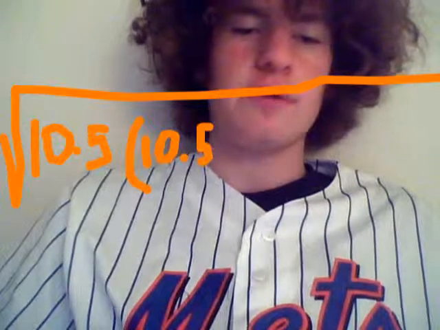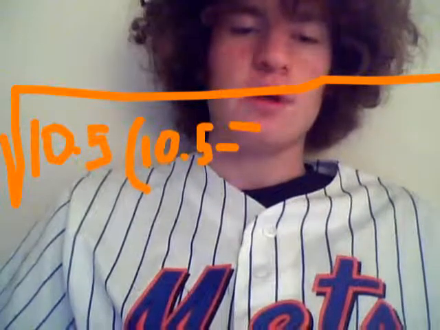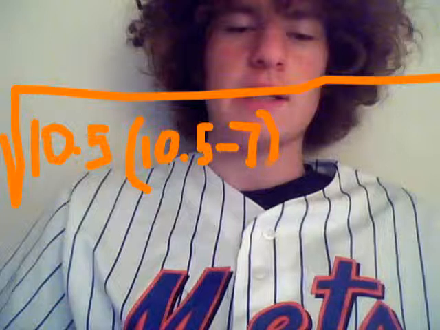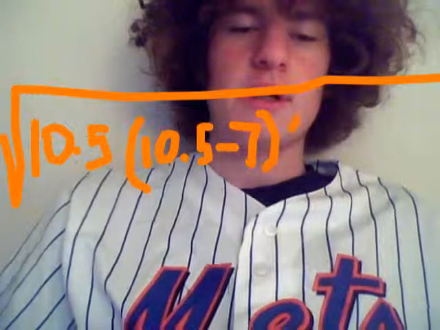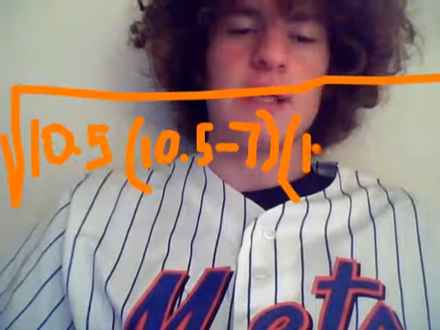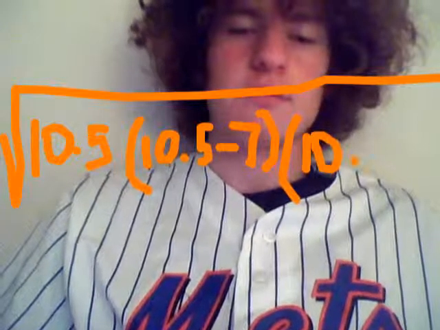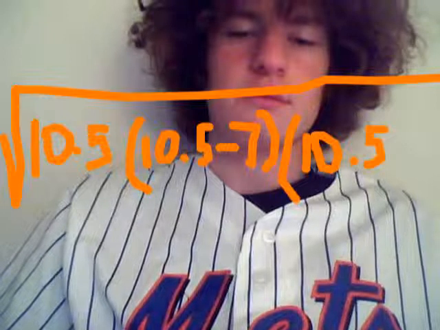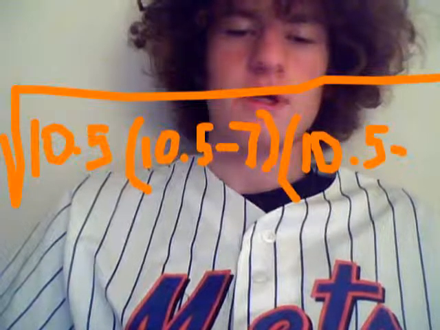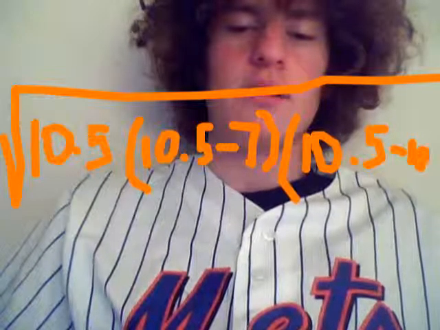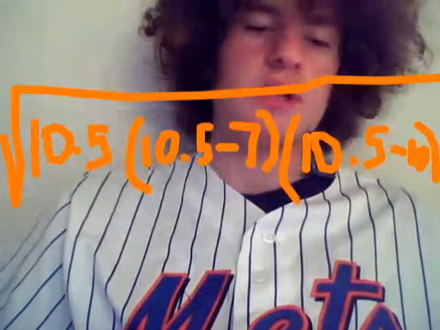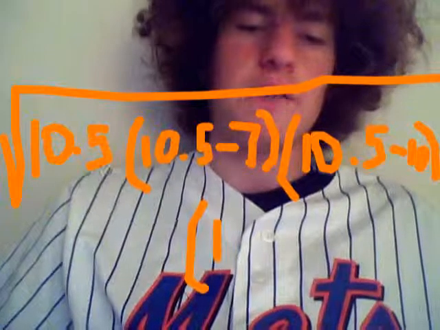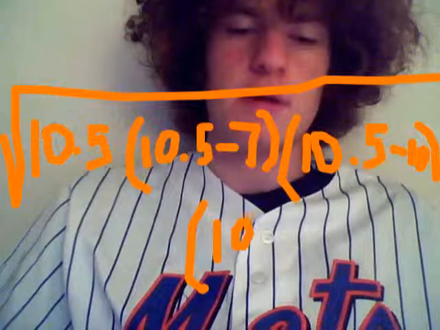So 10.5, we'll start with 7. So 10.5 minus 7 times 10.5 minus 10. Alright, and then our last one is 10.5 minus 4. We can't fit that up there, so we'll just put it down here.